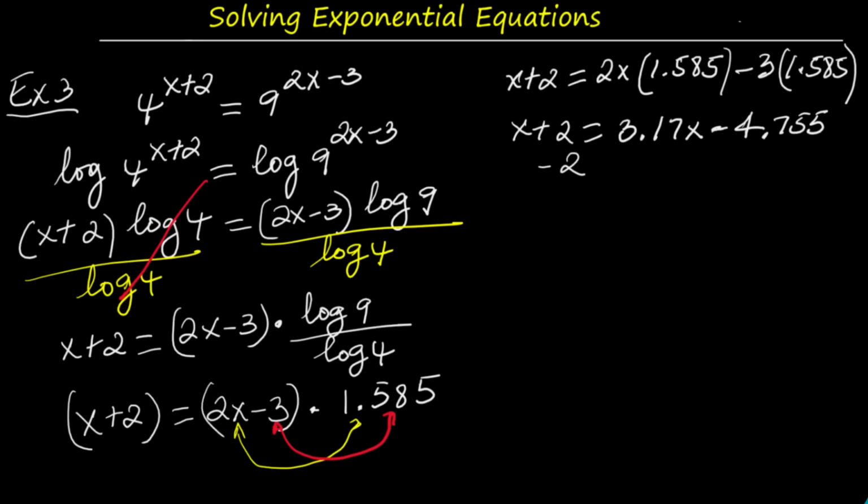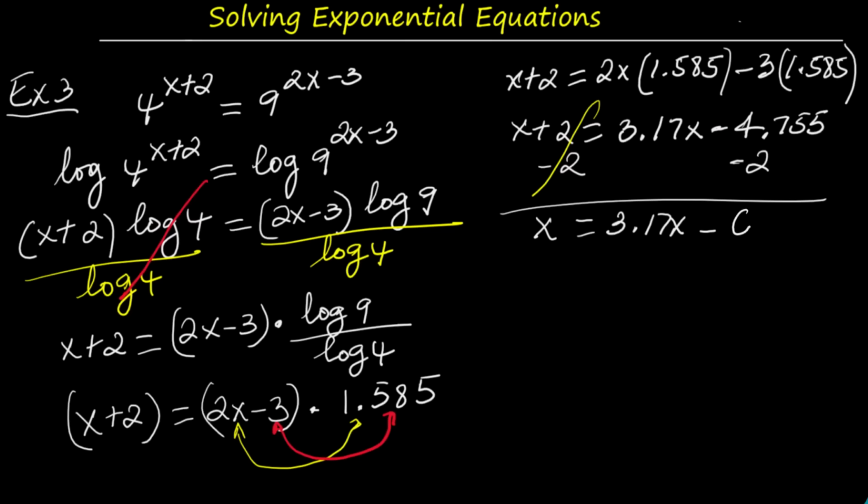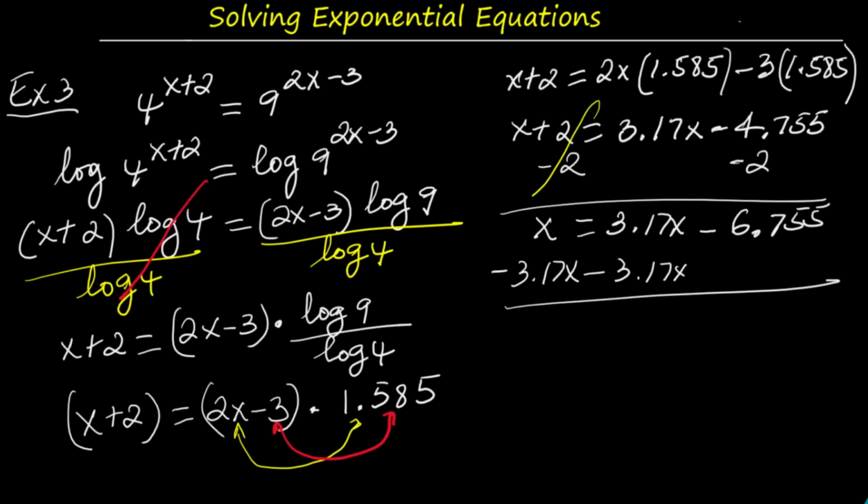Subtract 2 from both sides. Positive 2 and negative 2 cancel on the left, and we have x equals 3.17x minus 6.755. Now subtract 3.17x from both sides. 3.17x and negative 3.17x cancel on the right.